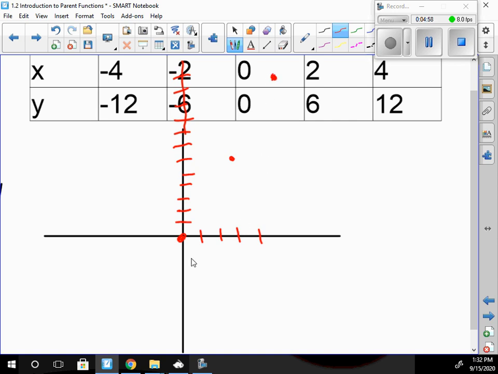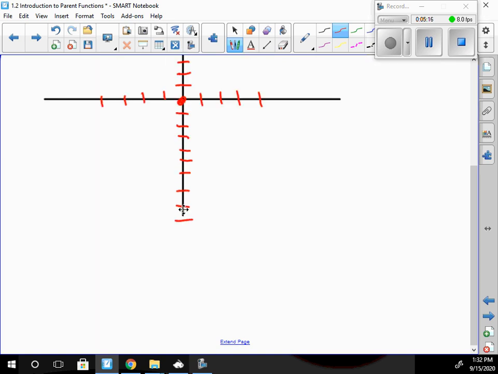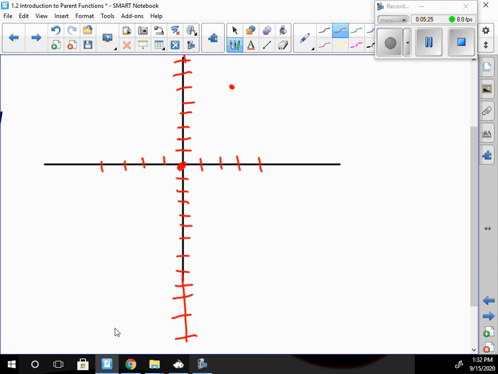And then if I look at the other part of this, negative 4, negative 12. It's going to be down here pretty far. This would be like down here, and negative 2, negative 6.